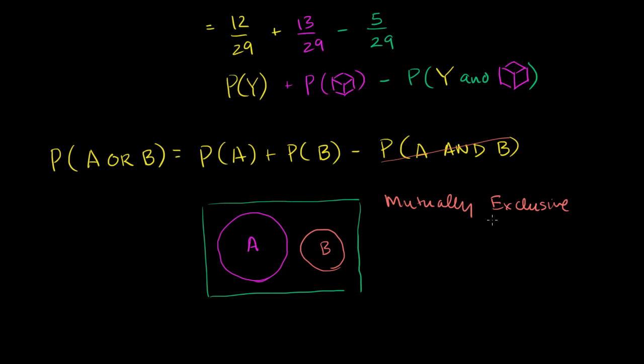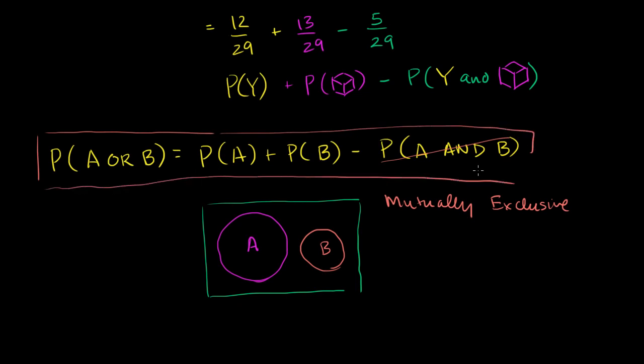And if things are mutually exclusive, then you can say the probability of A or B is the probability of A plus B, because this thing is 0. But if things are not mutually exclusive, you would have to subtract out the overlap. Probably the best way to think about it is to just always realize that you have to subtract out the overlap. And obviously, if something is mutually exclusive, the probability of getting A and B is going to be 0.